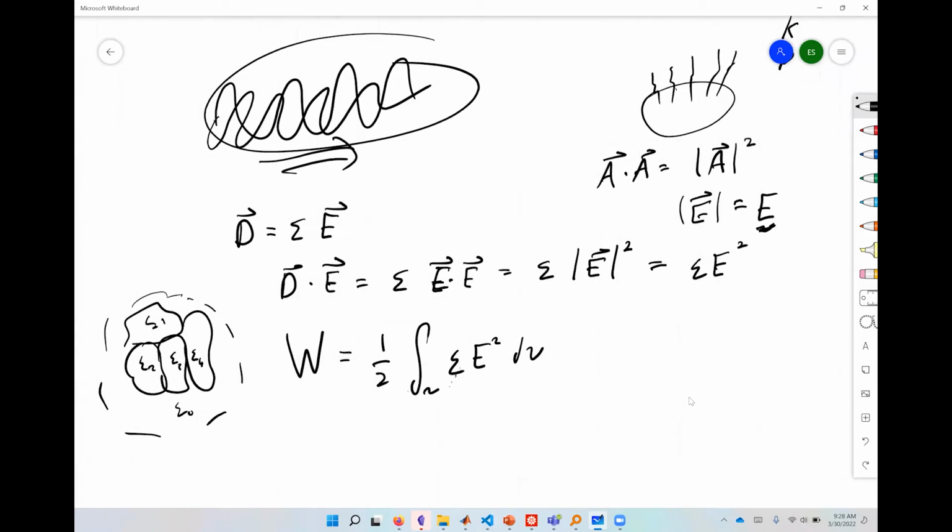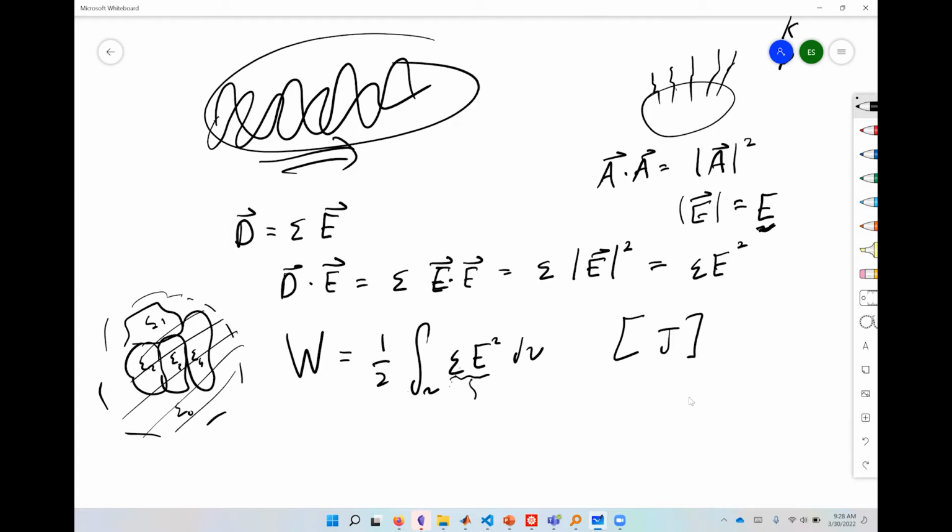So here we're integrating something over all of space to get total energy. This suggests that this thing in here is some sort of density, right? Whenever you take something and integrate it over space, like mass density, you get mass. Charge density, you integrate over space, you get charge.